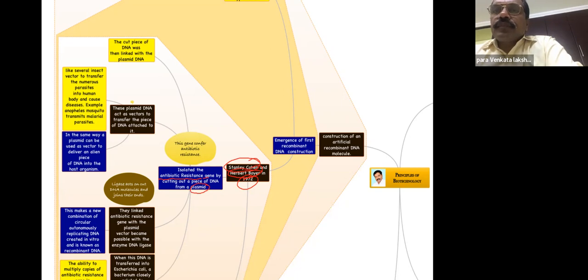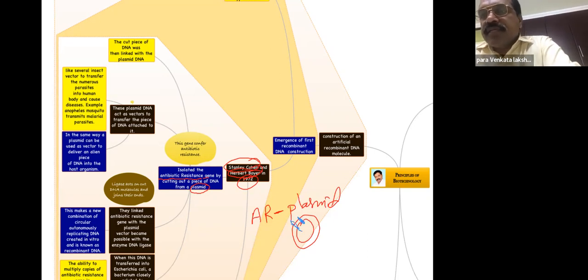And here, they isolated this particular antibiotic resistance gene. This antibiotic resistance gene is present in the plasmid. This is the plasmid. So somewhere, this antibiotic resistance gene is present. Suppose this is the antibiotic resistance gene.